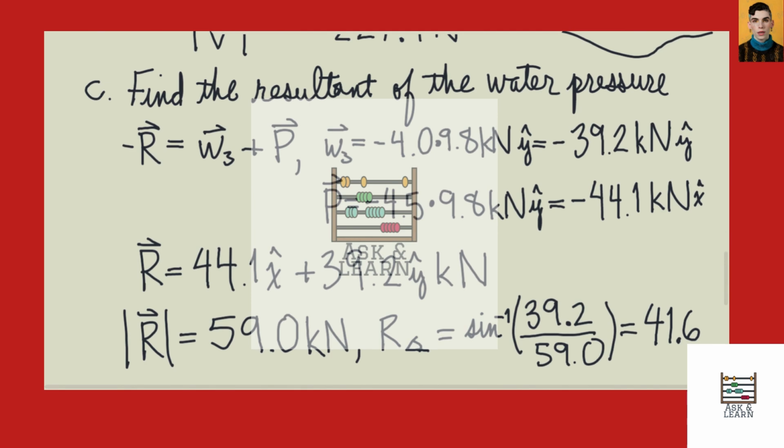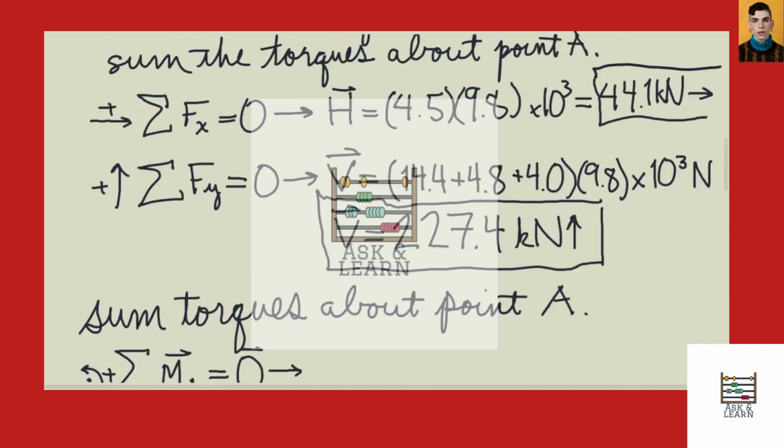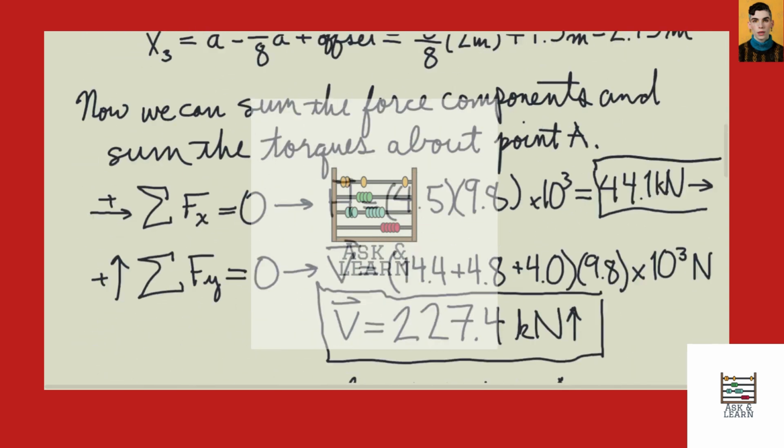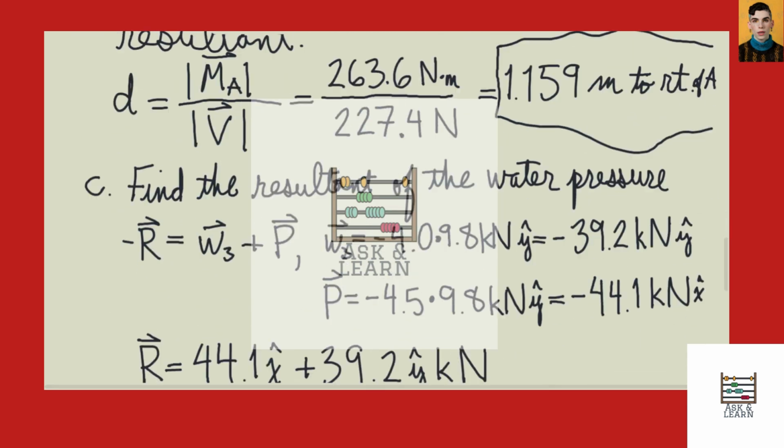We want to find the resultant of the water pressure. So to do that, we need to note that the water pressure, the opposite of the resultant, will be the combined vector sum of the weight, which we're calling W3, of our third parabolic section of water, plus the lateral force of water, which is in the leftward going horizontal direction.